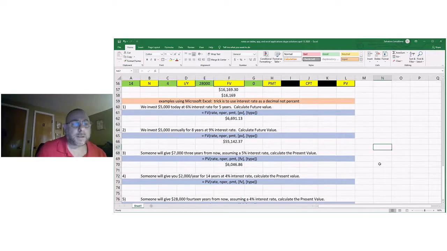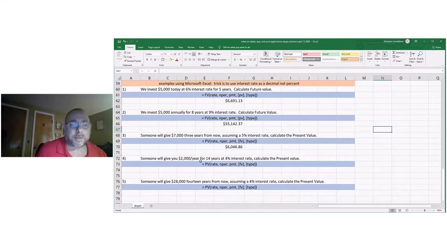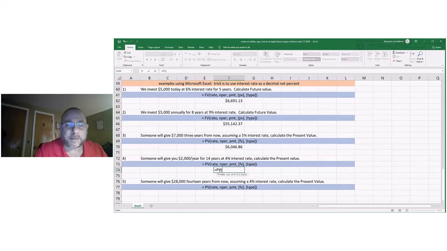All right. Number 4. Someone will give you $2,000 a year for 14 years at a 4% interest rate. Calculate present value. Okay. So equals PV, open parentheses. You have to remember those first 3 steps. Because if you don't, if you just do the equal sign, you just get that. PV, not good enough.